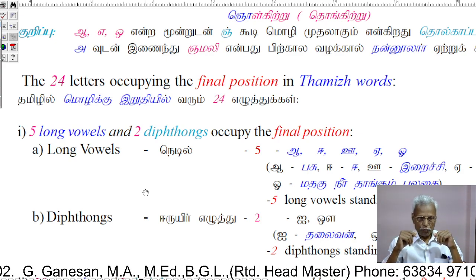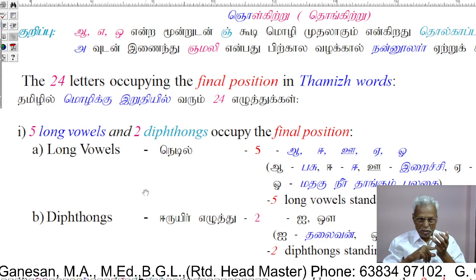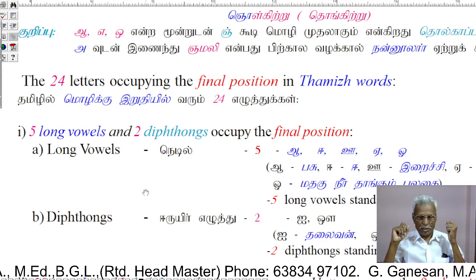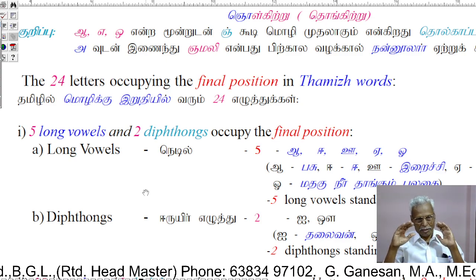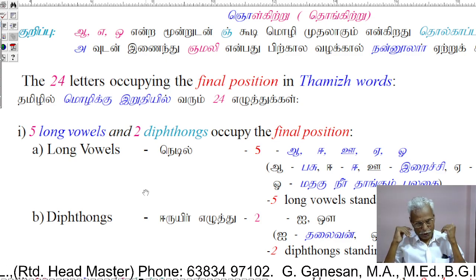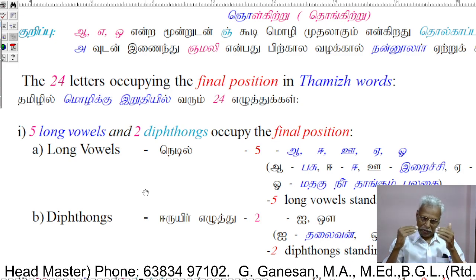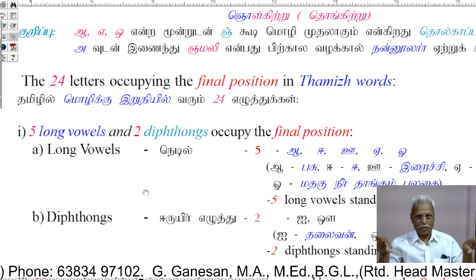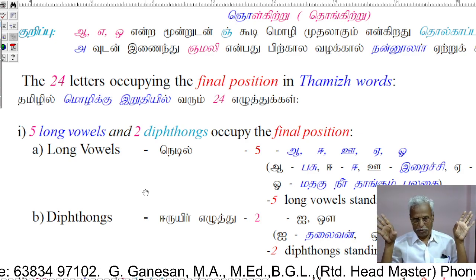Let us say 5 long vowels and 2 diphthongs occupy the final position. You see, actually the 10 vowels and 2 diphthongs could occupy the final position in a Tamil word.